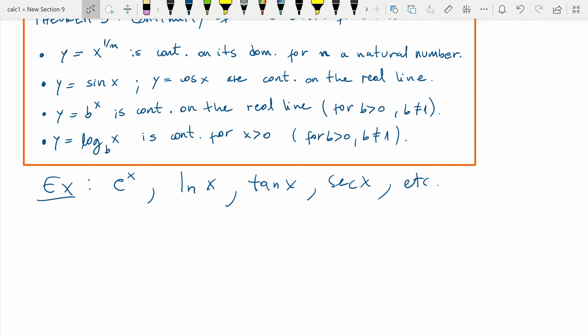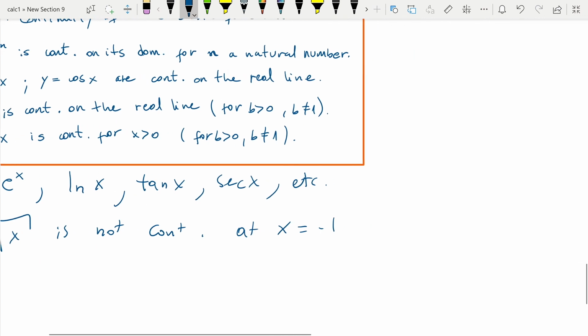So as a rule of thumb, whenever you see a function made up of polynomials or exponential functions, roots, or some combination of those, it will be continuous wherever the expression makes sense. So for instance, the square root of x is not continuous at x equal to minus 1.